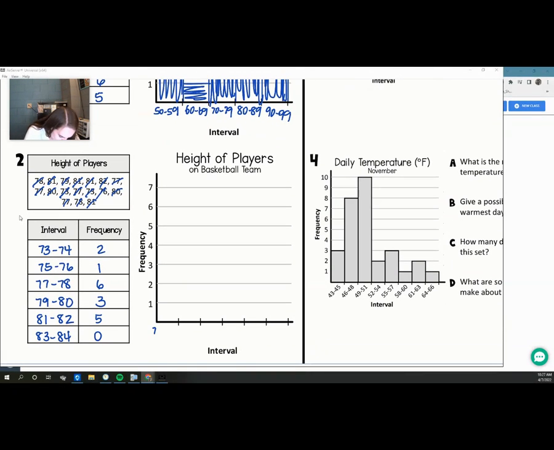Okay, so 73 to 74, there's 2. I'm not going to box these at this time. 75 to 76, 1, 1. 77 to 78, there's 6.